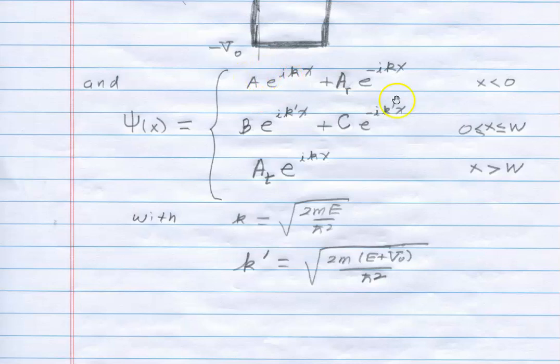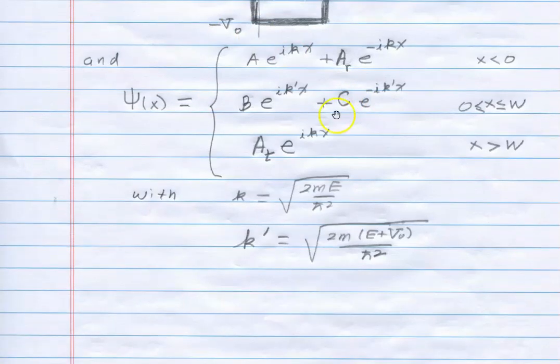The incident beam, the reflected, a right-going and a left-going in between the barriers, and finally a transmitted portion. The k's and k primes are constants that we know from a given situation. We know the energy E that we're firing it in with, we know the mass, and we know the depth of the potential. Well, we'll pick up here on the next installment of this multi-part lecture as we provide more details on the problem.